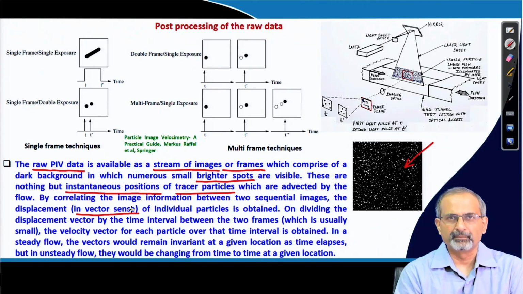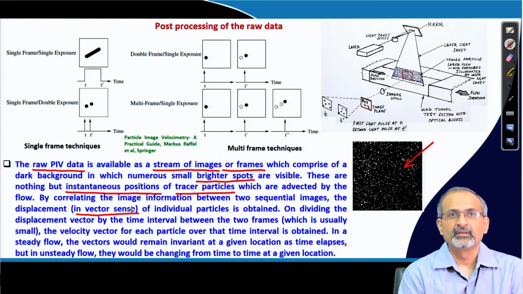If you are making a measurement in steady flow, then you can expect that the vectors would be remaining invariant; they won't change. While in unsteady flows, as time elapses at a given location in the flow field, the vectors may be changing from time to time and quite dramatically.